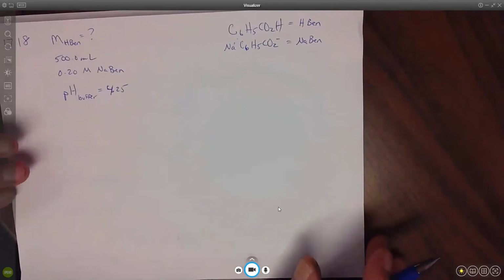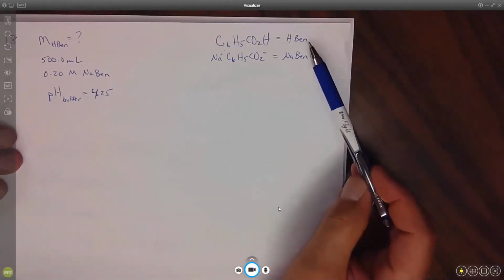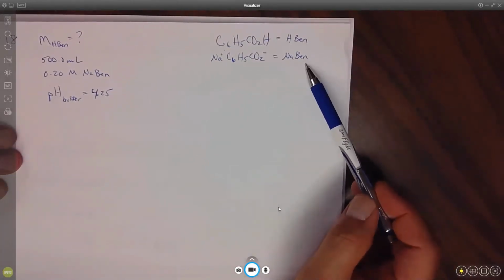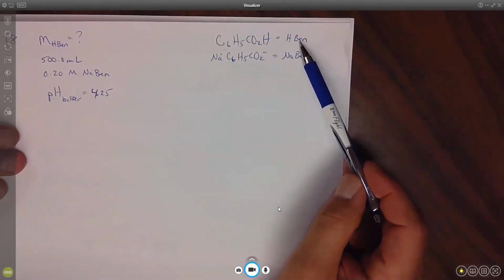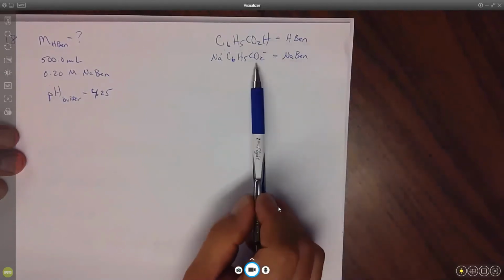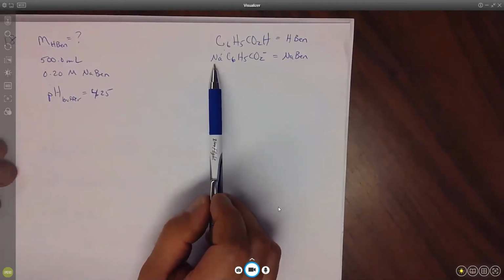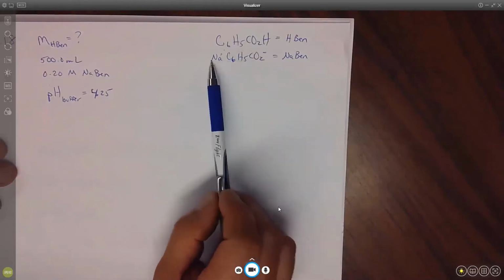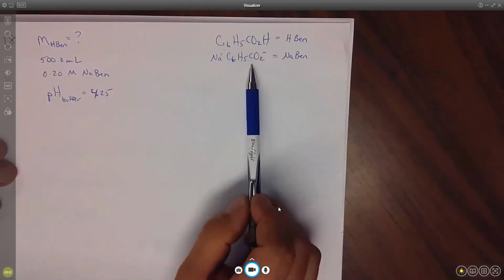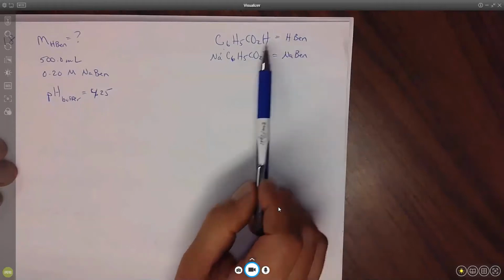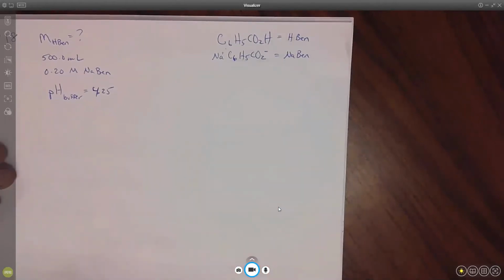Okay, but that's true, but it's already telling me what my acid and conjugate base are going to be. The acid being benzoic acid and the conjugate base being the benzoate, but again, in the form of sodium benzoate, as we explained before, the sodium isn't going to hydrolyze, so it's not going to affect the pH, and the sodium salt is going to completely dissociate. So this is our acid and our conjugate base in this case.